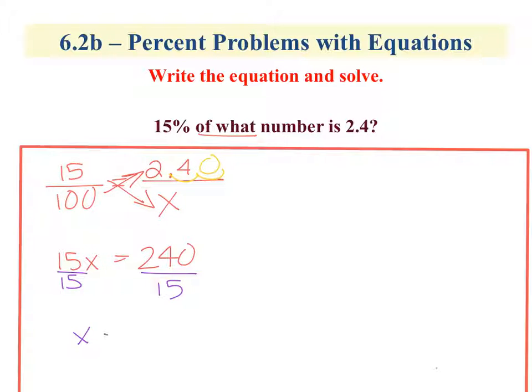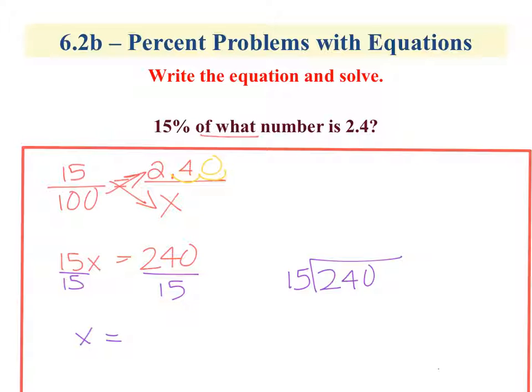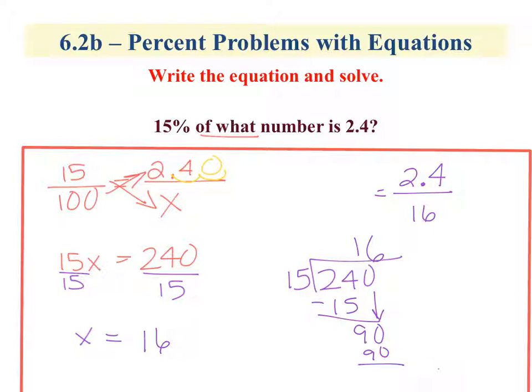And when you divide 240 by 15, 15 goes into 24 once. Bring down the 0. 6 times 15 is 90. X is 16. What this is saying is that 2.4 out of 16 is the same as 15 out of 100.